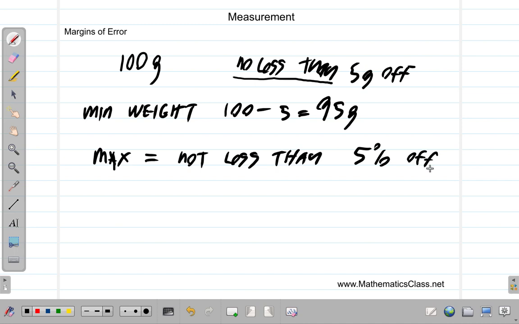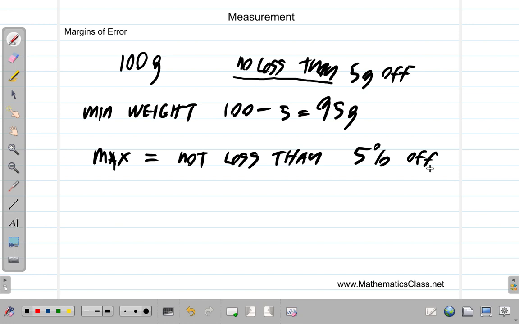Now, I didn't put plus or minus 5%, because those who are protecting the consumer don't care if you put too much in the bag. At least the consumer would benefit from that. But if you put too much in the bag, the business would be losing some money.